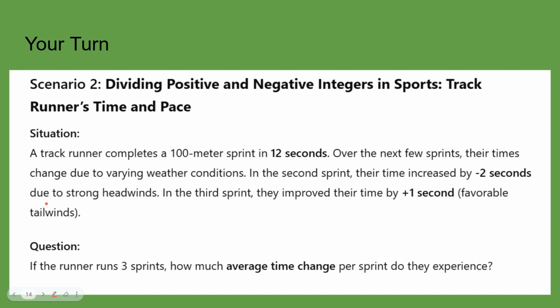All right. Due to strong headwinds, in the third sprint, they improved their time by positive 1 second. Favorable tailwinds. Now, the question is, if the runner runs 3 sprints, how much average time change per sprint do they experience?